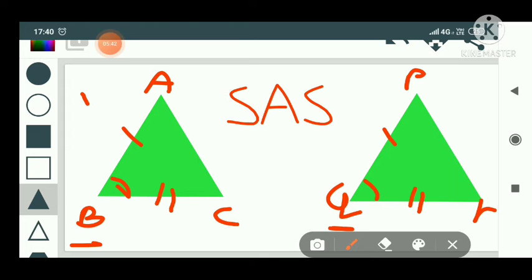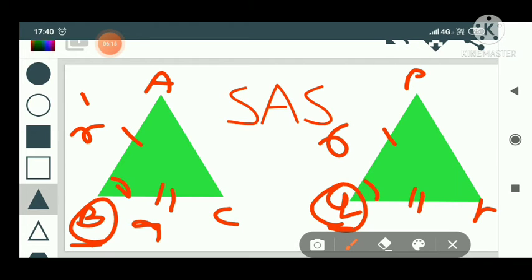So if AB is equal to PQ and BC is equal to QR and angle B is equal to angle Q, then it is said to be congruent by SAS congruency. So let us take length AB as 6 centimeters, BC as 9 centimeters, and PQ as 6, QR as 9, because the two sides are equal, and the angle as 30 degrees.